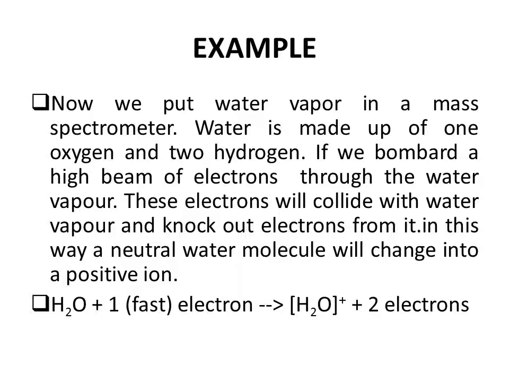I have shown you in the equation as well that when water and one fast electron collide lightly, an H2O+ ion will generate and the 2 electrons will knock out.